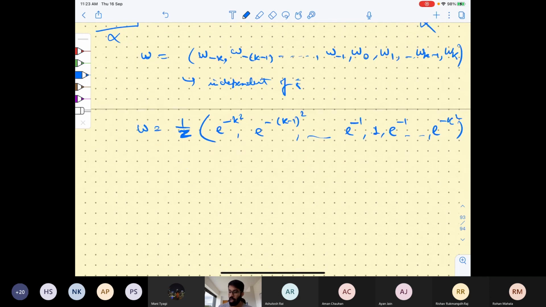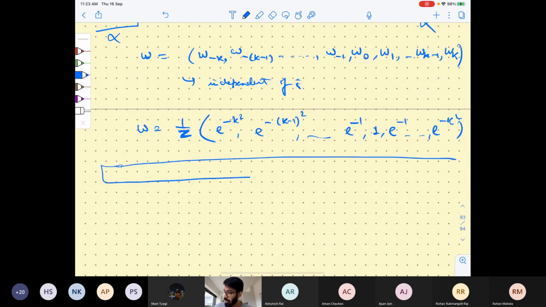Good. So now, what do we mean by this weight vector? We have, again, the original vector, and this weight vector has size 2k plus 1. And what we do is we just put it here. So this is W. And then we slide it.